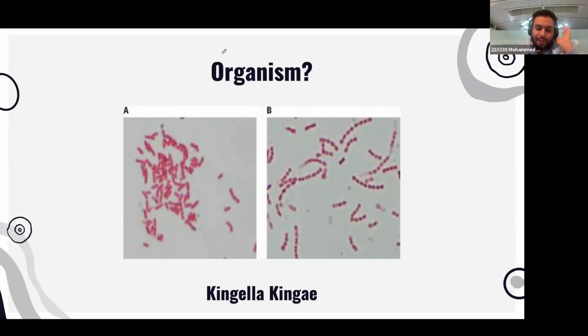It's Kingella. Okay. It's one of the only ones that actually had an image in the slides. So I put it to make sure that you guys know this. Kingella kingae. It's a gram-negative coccobacilli, and what it looks like is in chains. So yeah, it's in chains. Now, it's more important in the pediatric age group. That's what I took from the slides, that it's most important in pediatrics, in children. That's it, okay? Let's move on from this organism.